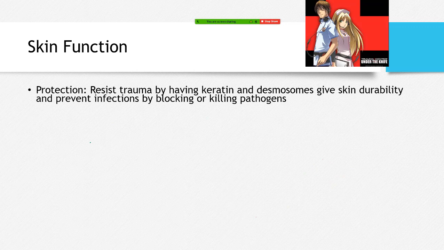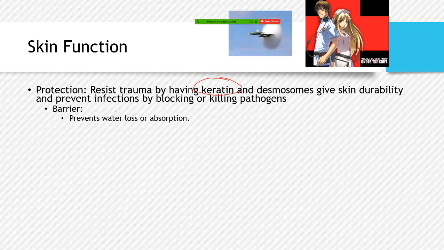Okay, some functions of skin. We said that it's for protection. And protection is because they have this protein called keratin. The keratin helps prevent water loss, makes it stronger, and this helps also prevent infection and block out pathogens too. So it provides a barrier.